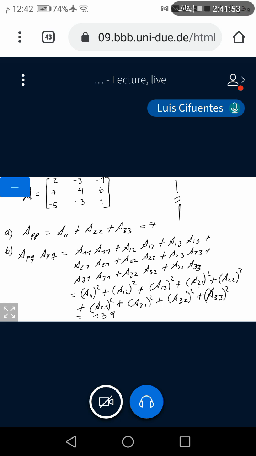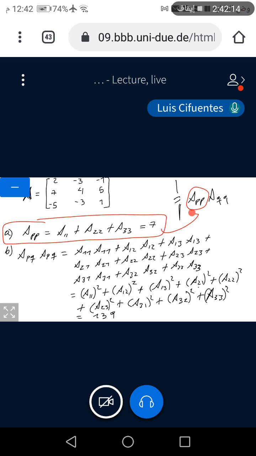C. Yeah, if you check the exercise number C, C is this one. A_PP times A_QQ. But we already have this PP here, no?